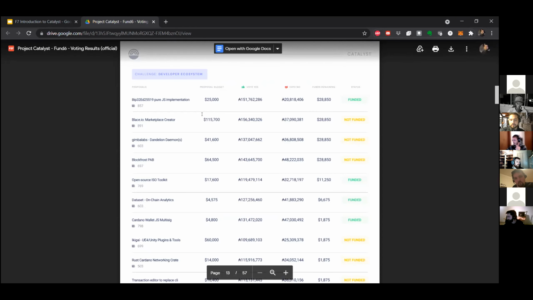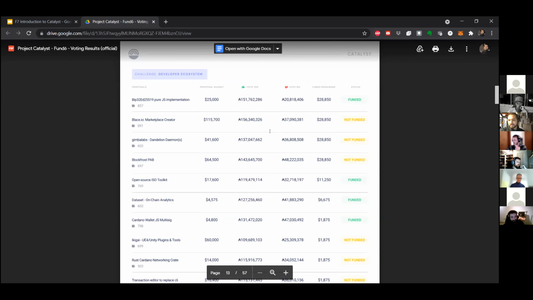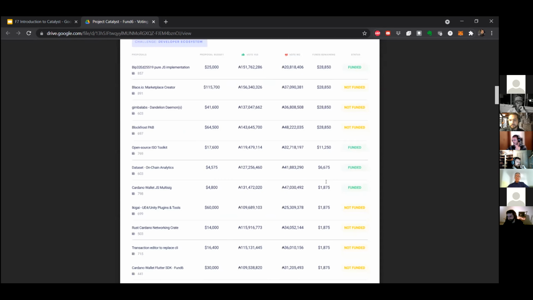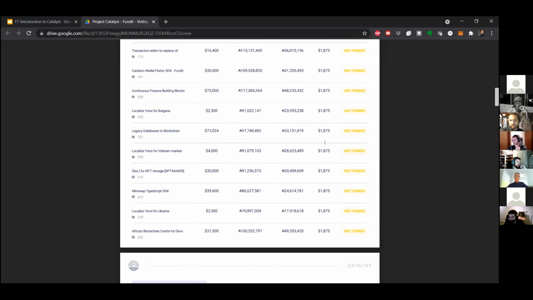And the next one in the list asked for $115,700, and there was not enough funding for this to be funded. So it was skipped. The next one, same thing, the other one, same thing. But the next three here were funded in a row. But then there was no more funding to fund any other proposals here.